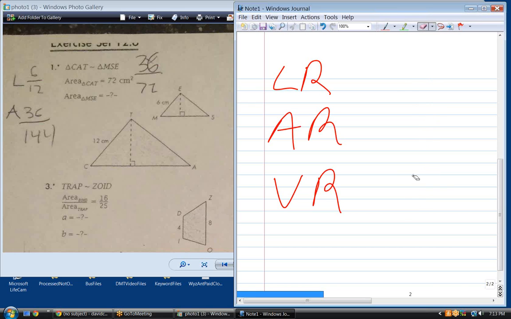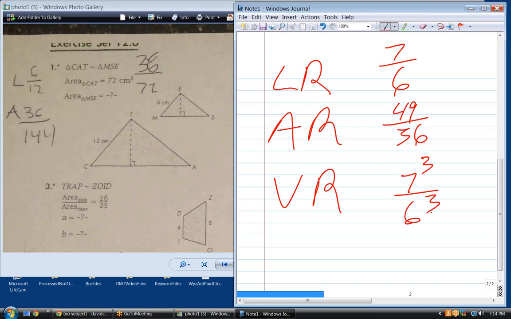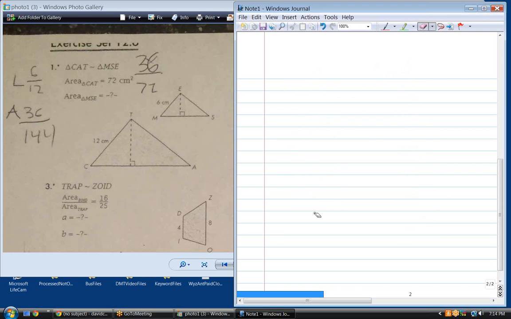If I have a linear ratio of 7/6, what's my area ratio? 49/36. And what's my volume ratio? It's 7 cubed over 6 cubed, right? Yeah. Okay. So that's really the only thing you really need to know about these ratios.